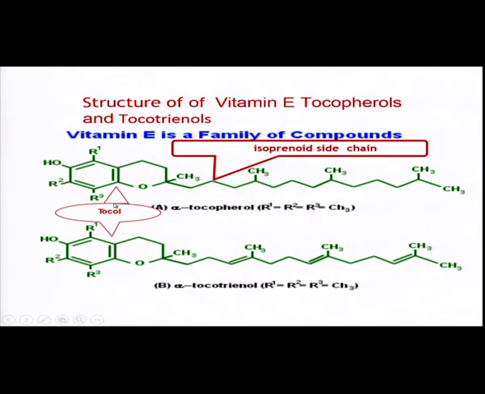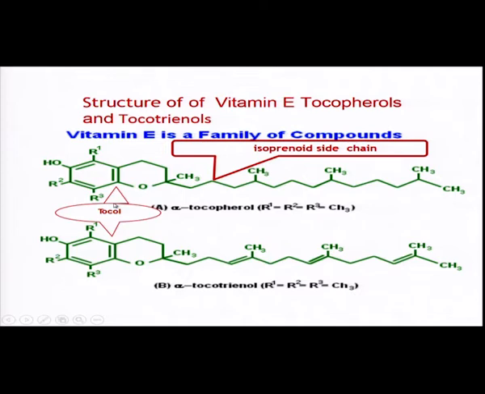So, if you look at the isoprenoid unit, you consider this to be the structure. You have the tocol nucleus where you have 2 rings: one is the benzene ring with alternate conjugated bonds, and then you have a heterocyclic ring with oxygen as a heteroatom, and this ring combination is basically called the tocol. This tocol combination has different names depending on the substitutions in the side chains of the tocol nucleus.